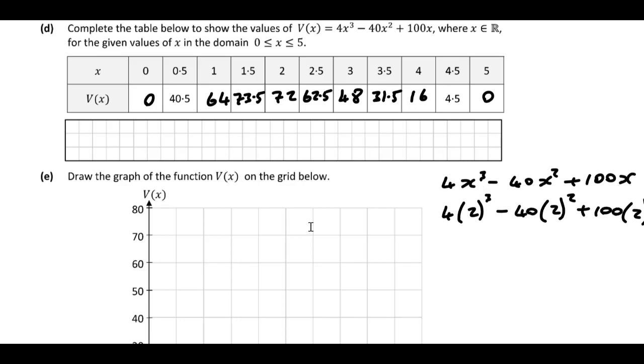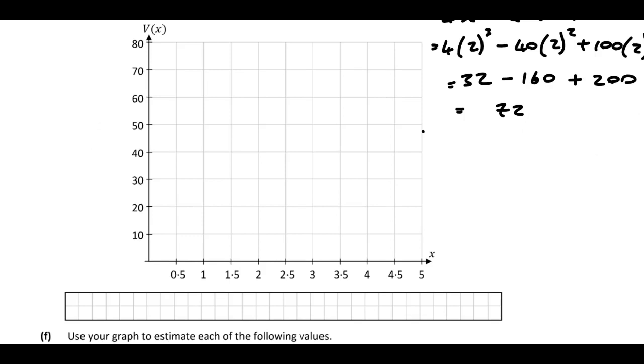So that's 2 2s are 4, 2 4s are 8, 4 8s 32, 2 2s are 4, 160 here, and then plus 200. That'll give you 32 minus 160 plus 200, and that gives you 72 when you do that, okay? 72. And that's what we got here. Okay, so let's move on again.